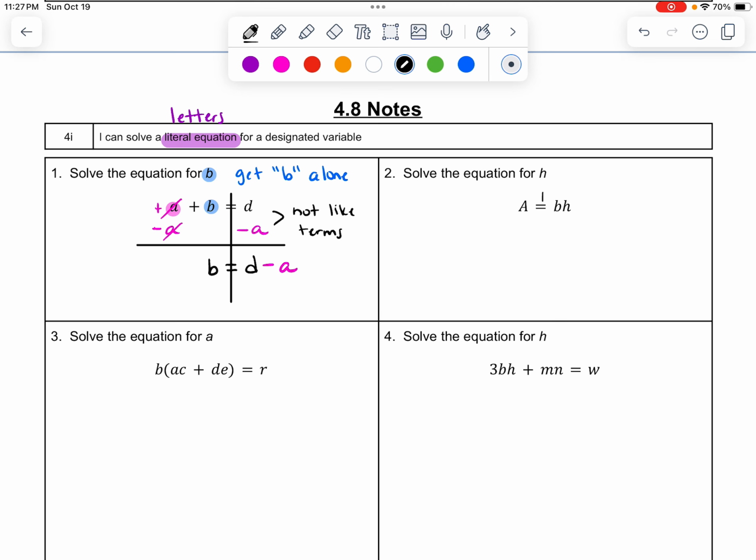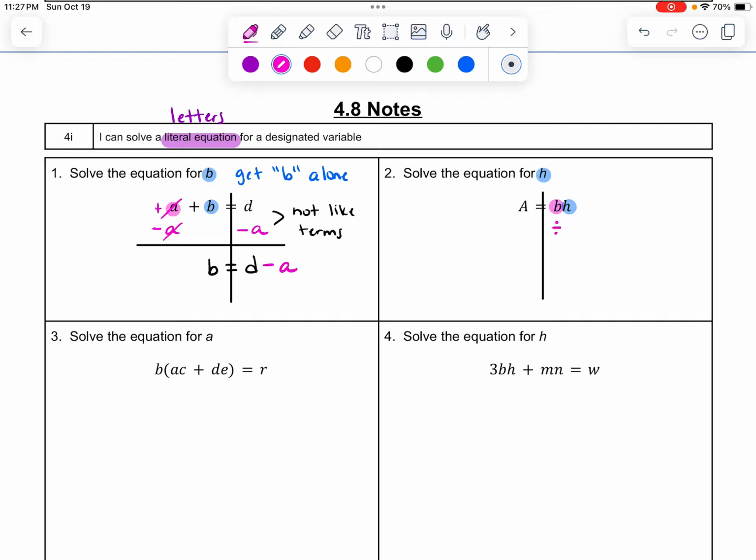In problem number 2, it says in the directions, solve the equation for H. Now again, reading the directions is super important here because it tells us who we're trying to isolate. So if I try to get H by itself, it means I've got to figure out a way to make this B go away. When the B is right next to the H, that means multiplication.